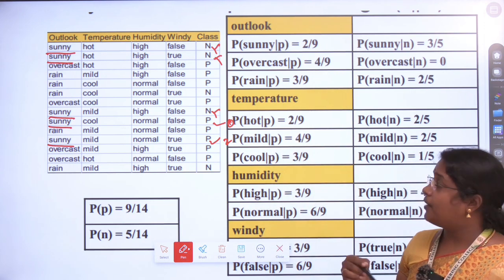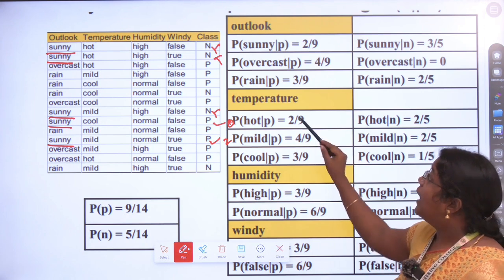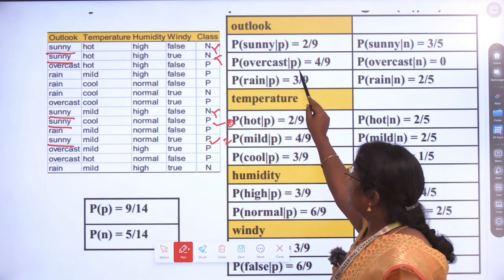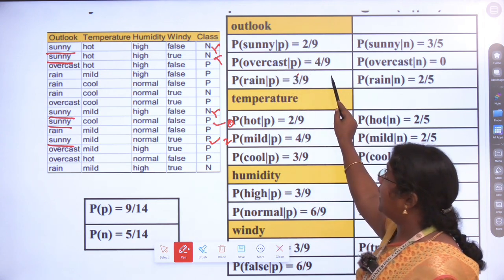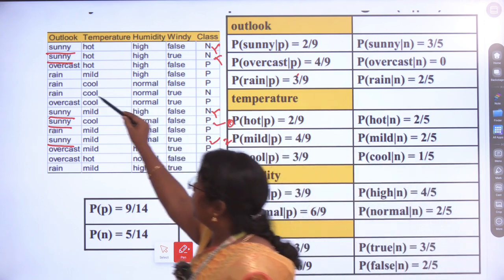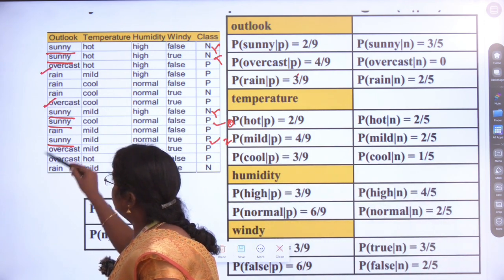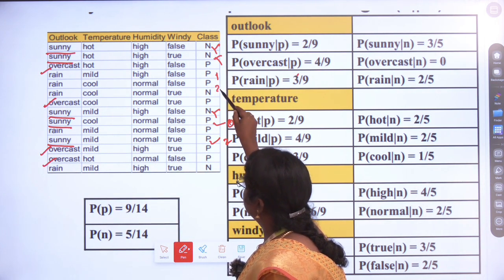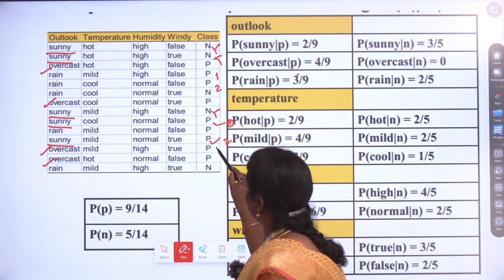Likewise, we have to calculate the probability for the other features. So the probability of overcast given yes is 4 by 9. Can you check the overcast here? 1, 2, 3, 4. We have to check the class. It is 1, 2, then 3, 4.